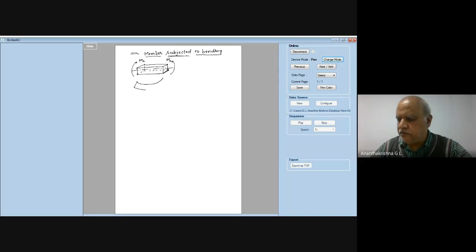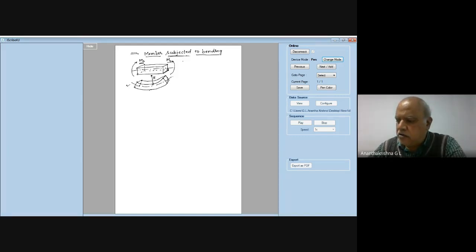It will bend into something like this shape, and this is going to be the radius of curvature R. When I apply a bending moment M B onto a member, the member is going to bend like this.